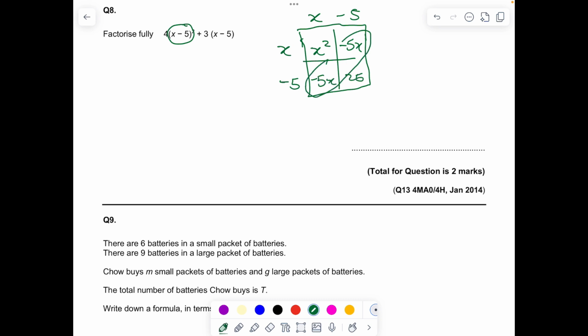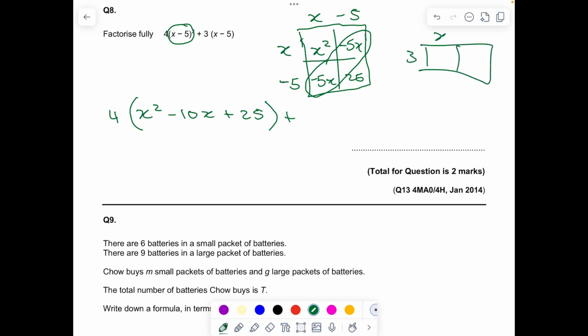I can gather these two together, so I get x squared minus 10x plus 25. Now that should be multiplied by 4, and then I've got to add on my 3 times x minus 5, which is 3x minus 15.